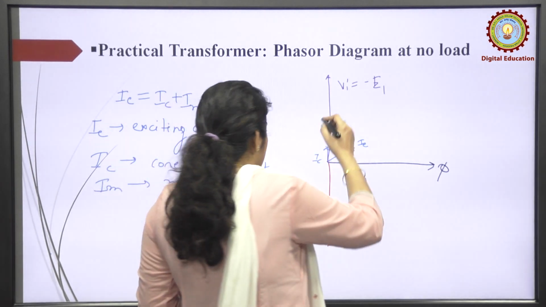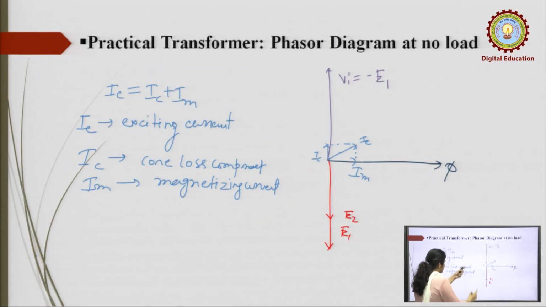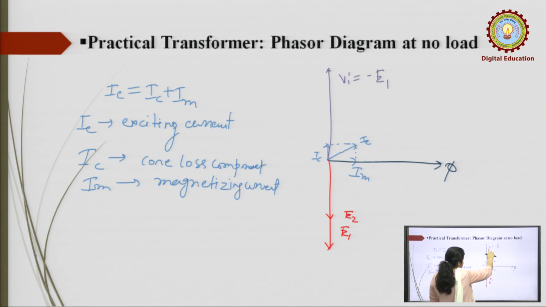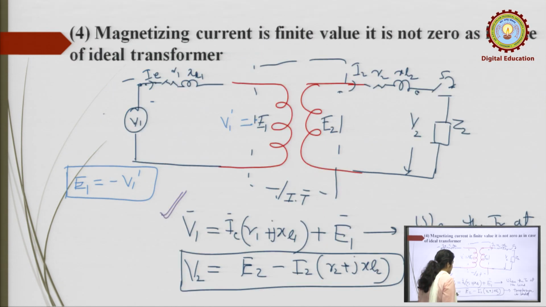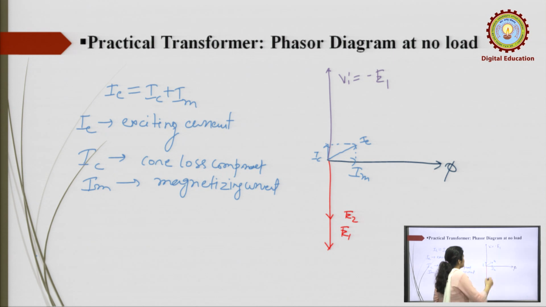So, if you draw this equation in the phasor diagram, E1 you have taken like this, V1 dash, and now add this I R1. So, if you add E1 plus I R1, this voltage must be in phase with the current, and the current is I. I just take it small. So, this I R1 you can draw like this, because this voltage drop is across R1, the resistance. So, the voltage is in phase with the current.